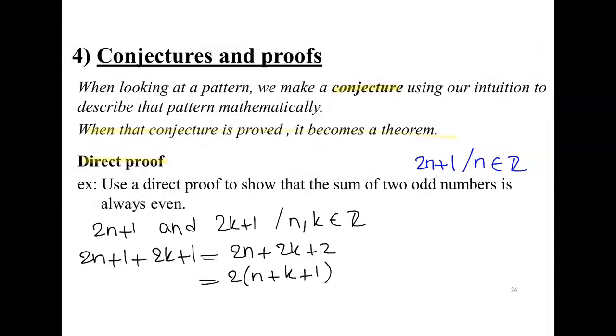Now, n is an integer, k is an integer, and 1 itself is an integer. Therefore, their sum is an integer as well. So this is an integer, and I have an integer times 2, therefore this is even. So basically, I have proved that the sum of any two odd numbers is always even.